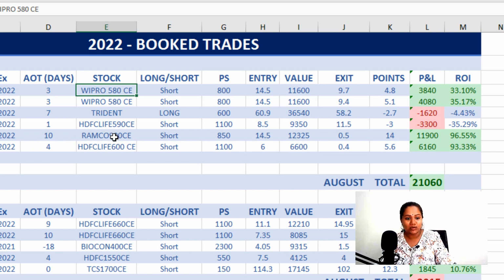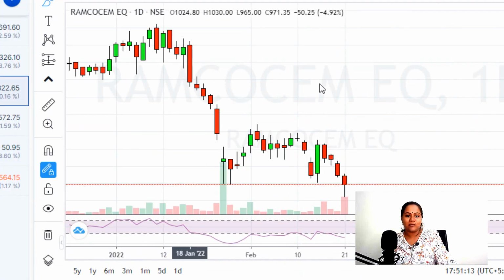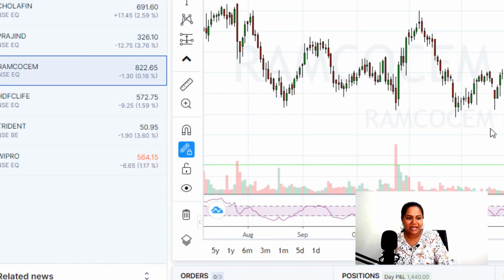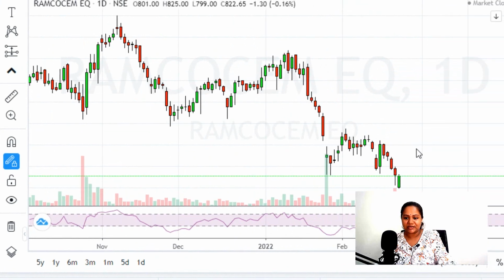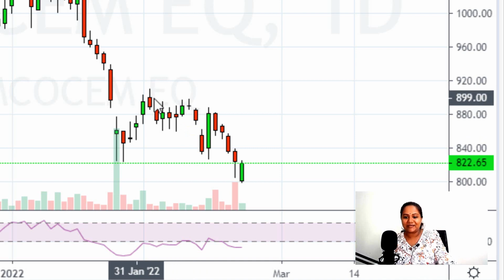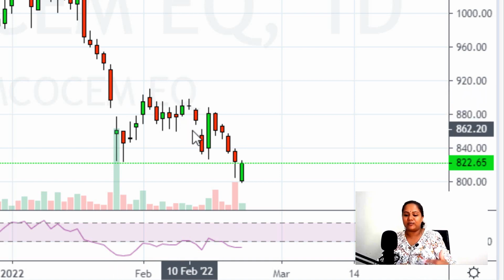The next trade I took was in Ramco Cements. It was the exact same thing. You can see the date, 11th February, is when I entered this trade. Over here on this candle I saw this evening star pattern, so I knew this level cannot be broken, because of my reversal strategy.